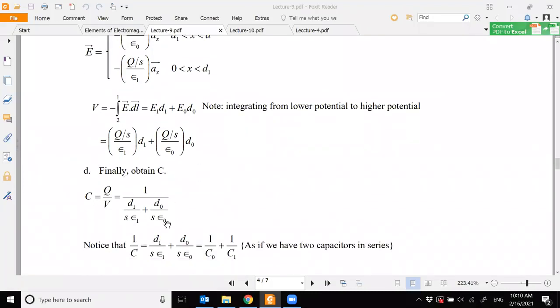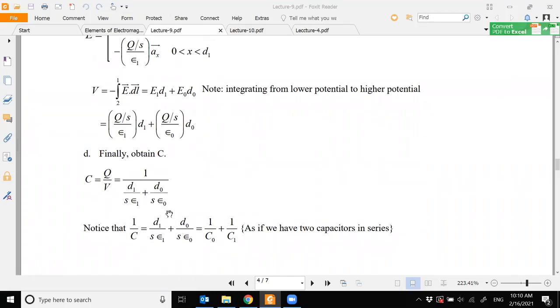And the capacitance will be this one, which is 1 over D1 over S epsilon 1 plus D0 over S epsilon 0. If you rearrange this, you will get 1 over C is equal to D1 over S epsilon 1 plus D0 over S epsilon 0.